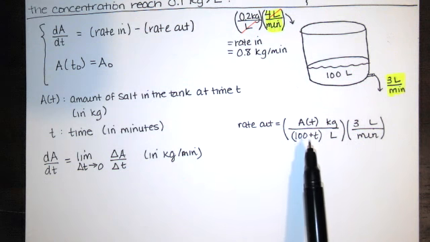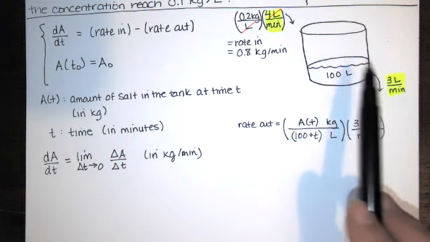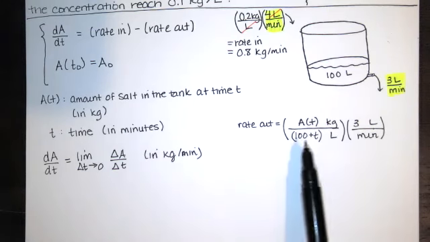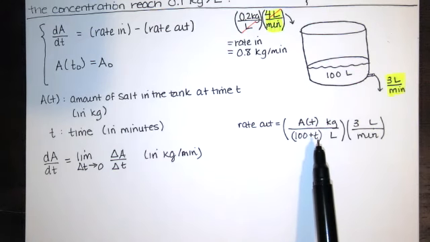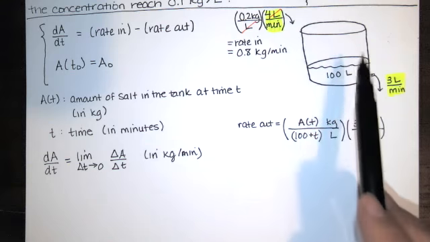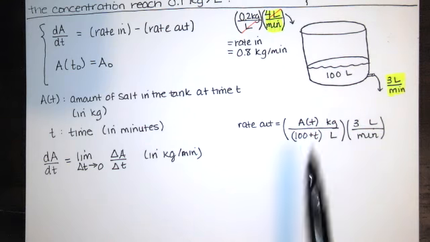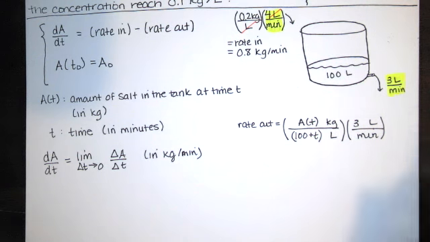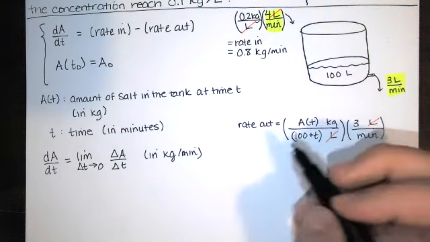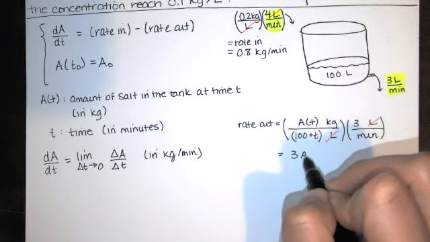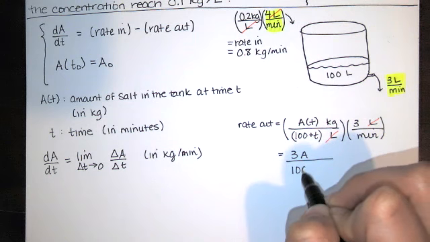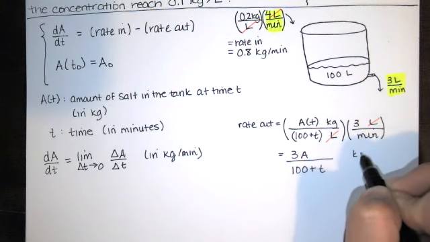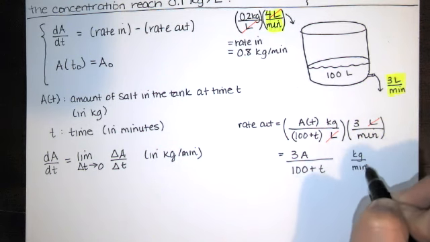That's equivalent to saying that the number of liters is the number it started with, which is 100, plus however many minutes it's been, because I gain 1 per minute. Okay, so that's my rate out. I'm going to multiply so that the liters cancel, and you end up with 3 times A over 100 plus t, and this is kilograms per minute.